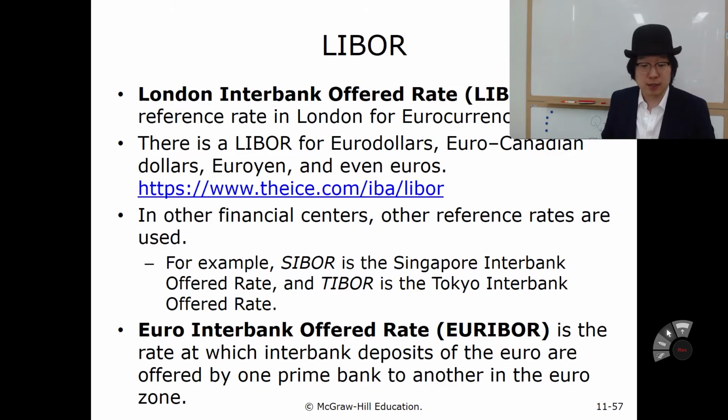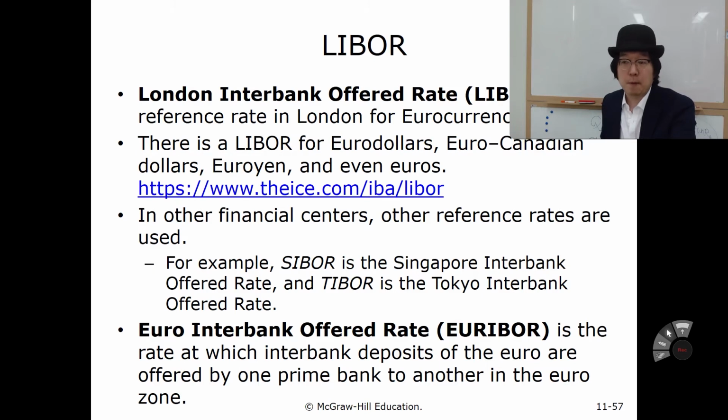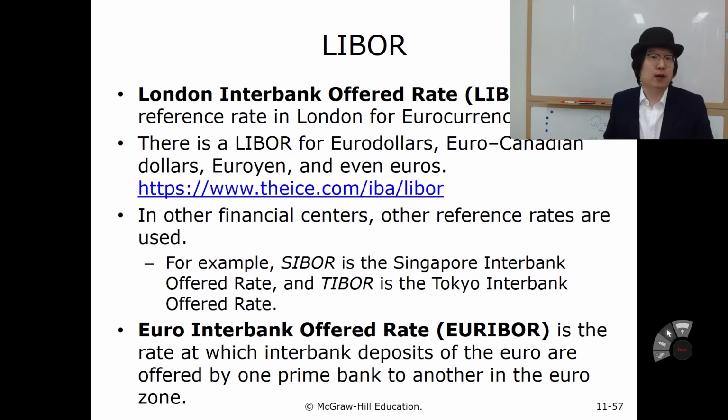This is the rate at which interbank deposits of the euro are offered by one prime bank to another in the Eurozone. Now, this LIBOR is by far the most frequently used reference rate, especially in derivatives pricing, the swap market, call options, put options, all these kinds of option transactions.